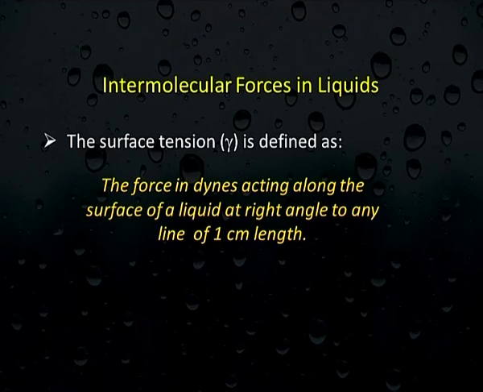The surface tension, as we have just learned, is the force, the inward pull in dynes, acting along the surface of a liquid at right angle to any line of 1 centimeter length, because it is the inward pull. So, this is basically force acting per unit length.